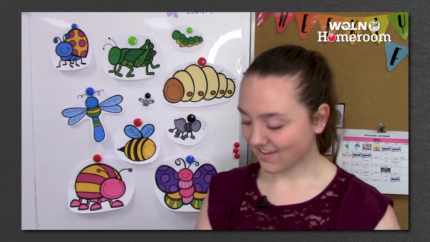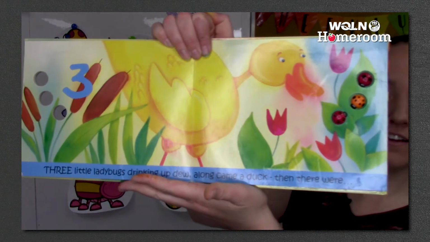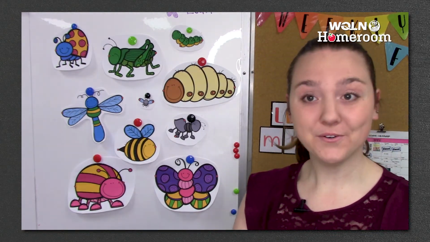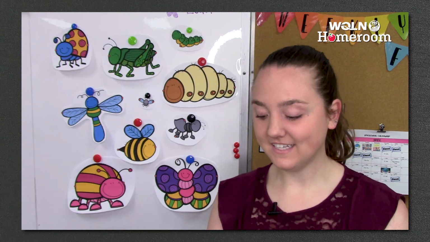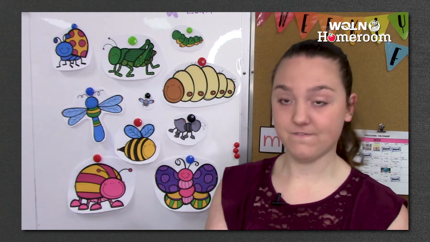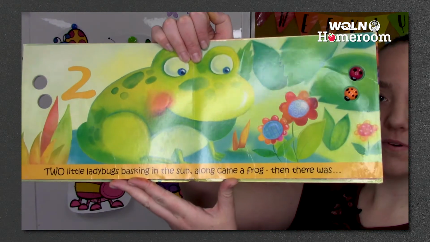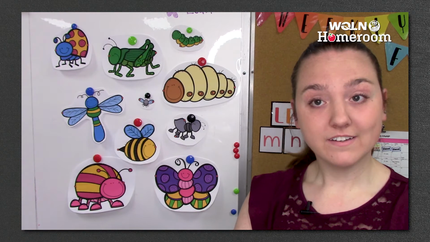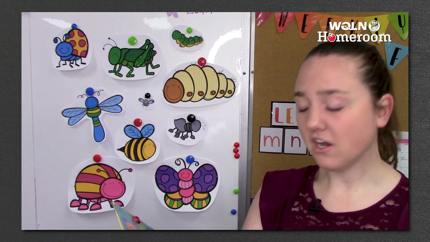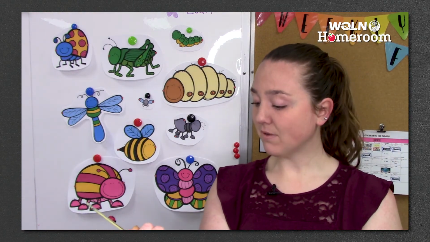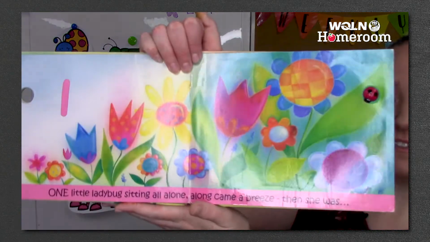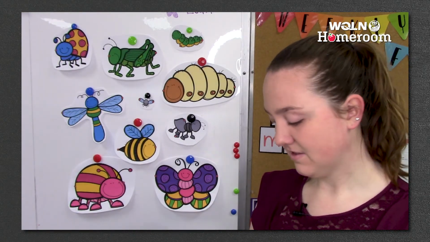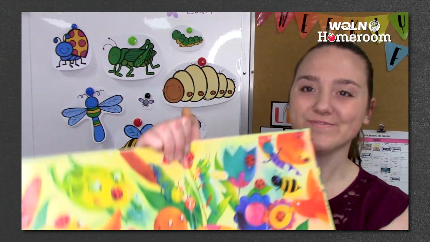Along came a duck, then there were 2 little ladybugs basking in the sun. Along came a frog, then there were 1 little ladybug sitting all alone. Along came a breeze, then she was home.